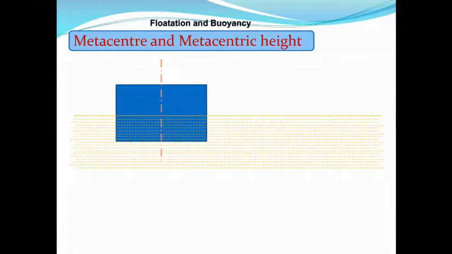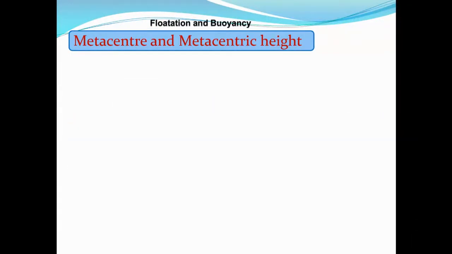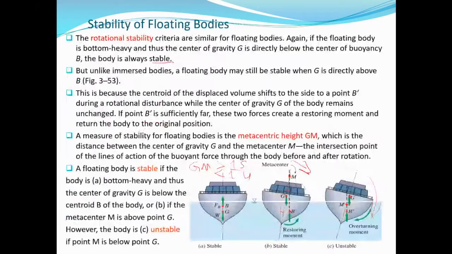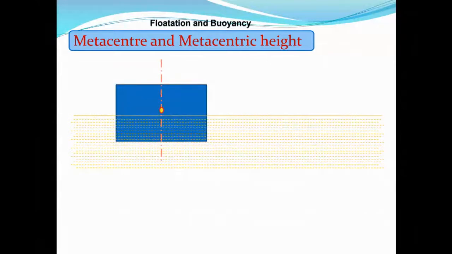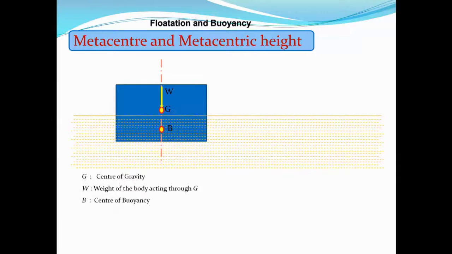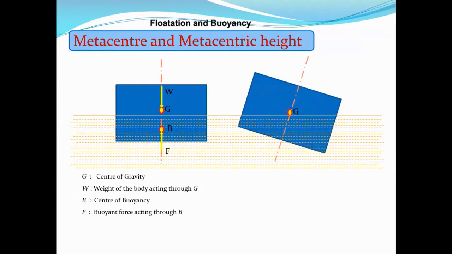So still on the metacentric height again. In this case, you can see BM, BG. Here you have an object. Center of gravity is G. The weight W, which is the weight of the body, acts through G. And you have B, the center of buoyancy.